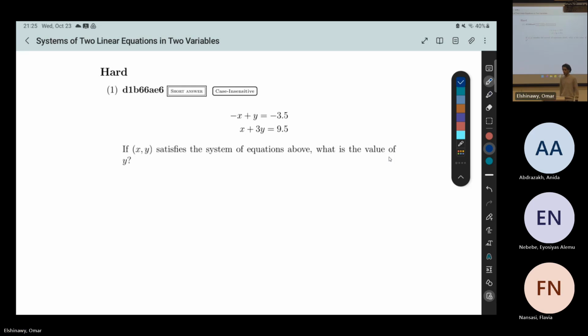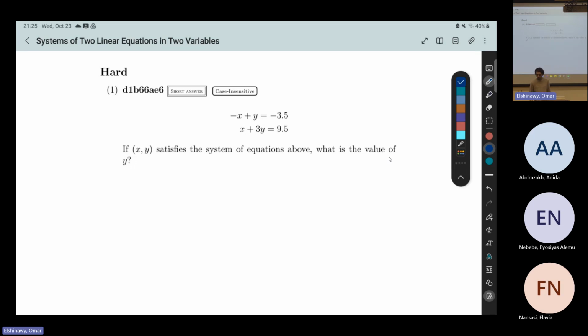Yes. Go for it. Sure, you can do whatever you want. Maybe you can add the two equations. Okay, so X cancels out. Okay, that's another way we can do it.